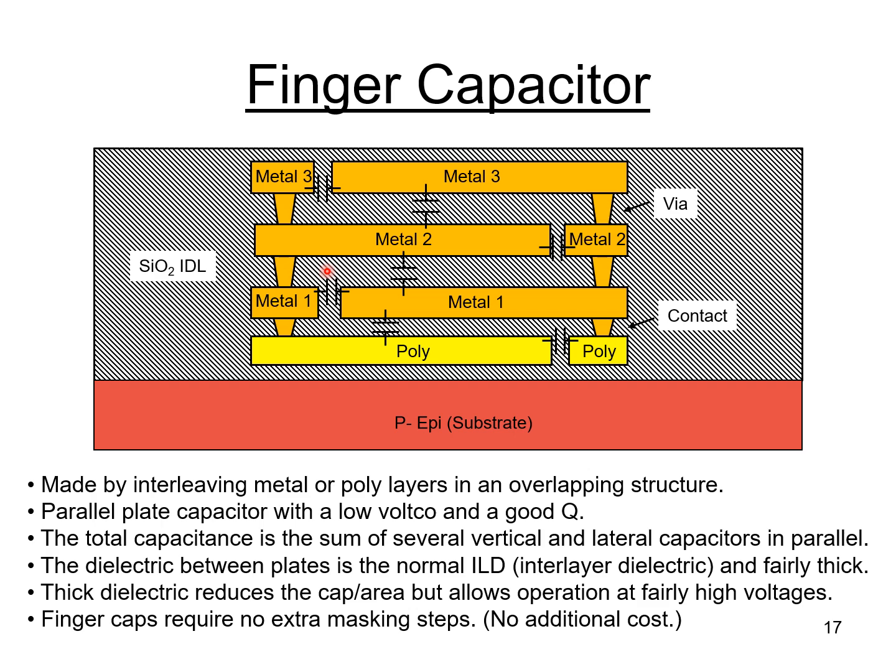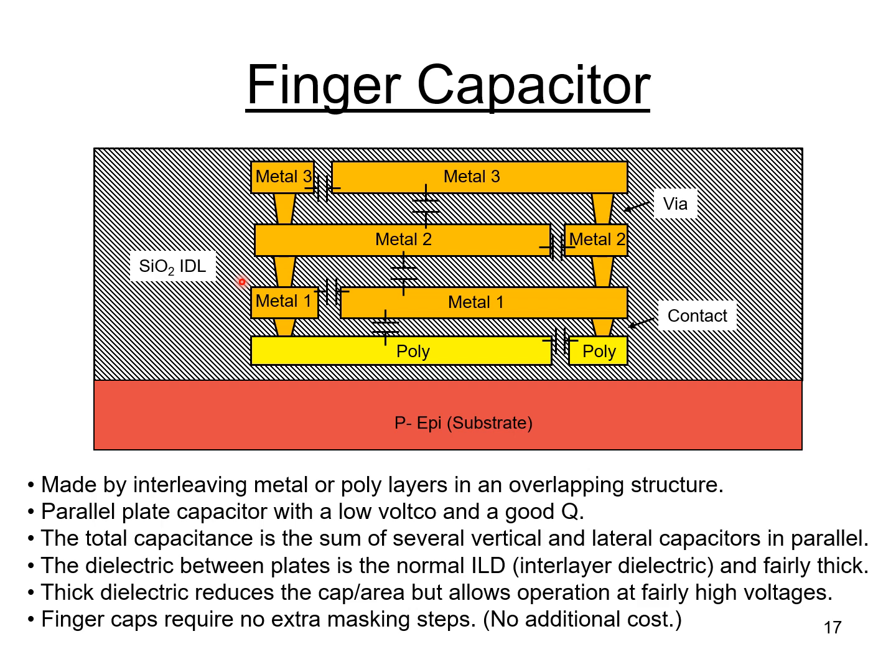Now, this thick dielectric reduces the capacitance per area that you get out of this structure, so you're probably not going to get as much capacitance per area as a MIM cap. However, you are stacking it up, 3 or 4 layers here, so you're trying to concentrate the capacitance, but you still probably aren't going to get as much as a MIM capacitor in the same area.